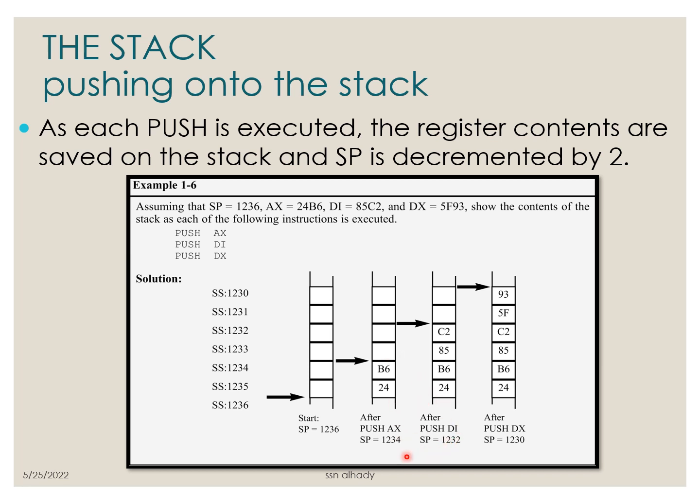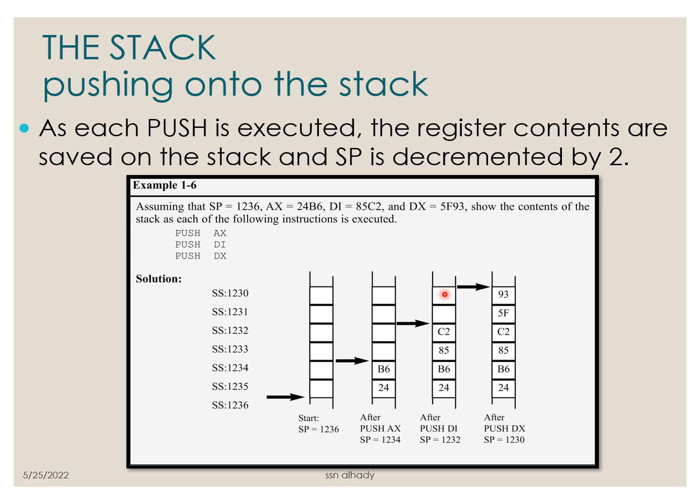And then after you execute the second instruction, push DI, it will be decremented by another 2. So the stack pointer becomes 1232, and so on. And the third instruction.